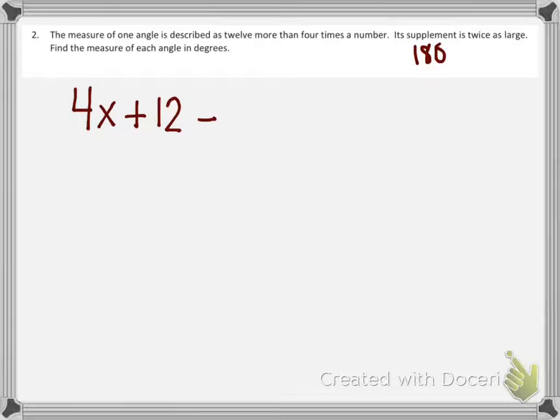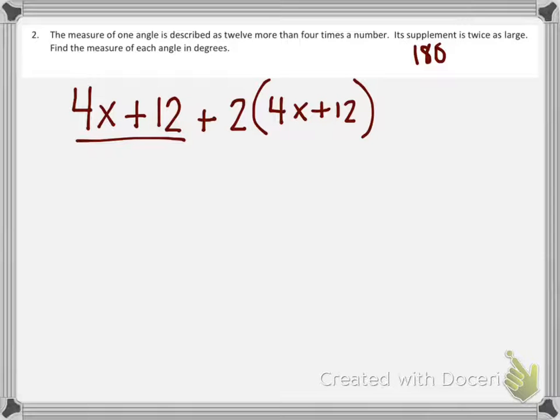So they're going to be added together, and I'm adding on 2 times the original angle. So this is 2 times 4x plus 12. And when you add those together, they are a supplement, which makes it equal to 180 degrees.